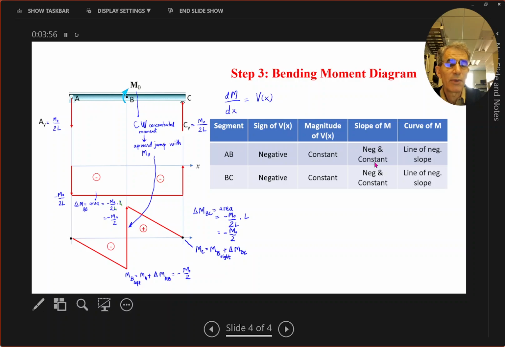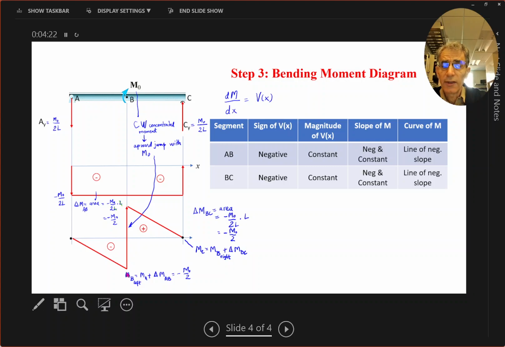Being a constant slope, it means that the line has a negative slope. That's exactly what we can see here. That's a line, and it has a negative slope, not a positive one. It doesn't go in the first quadrant. It goes in the fourth quadrant. In other words, right here you can see, fourth and second quadrant, it's a negative slope.